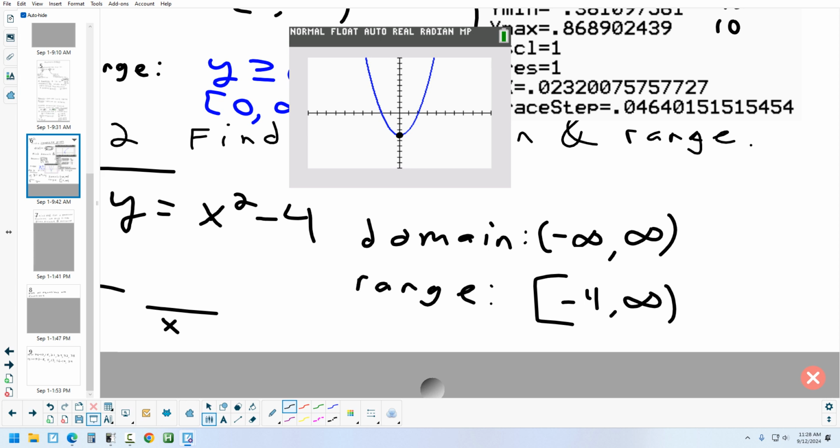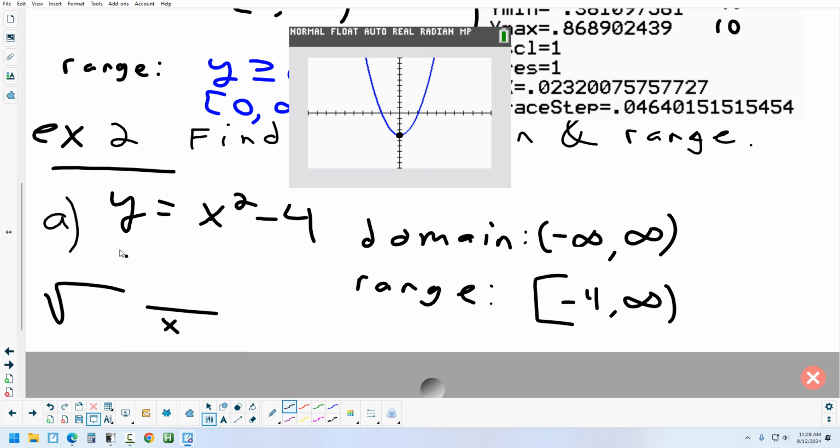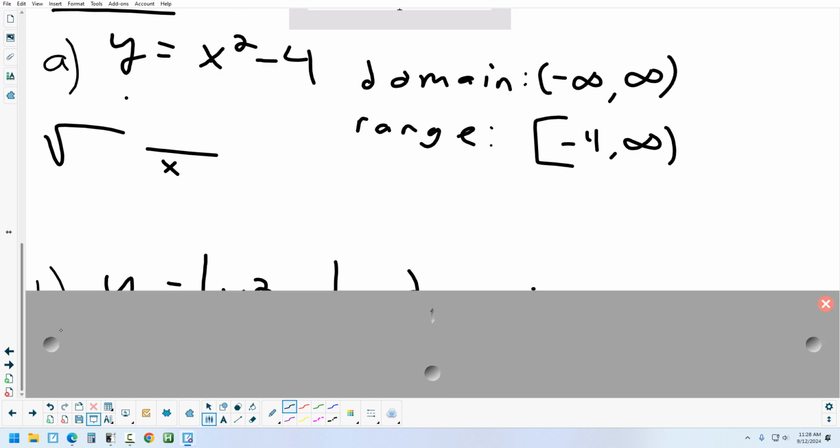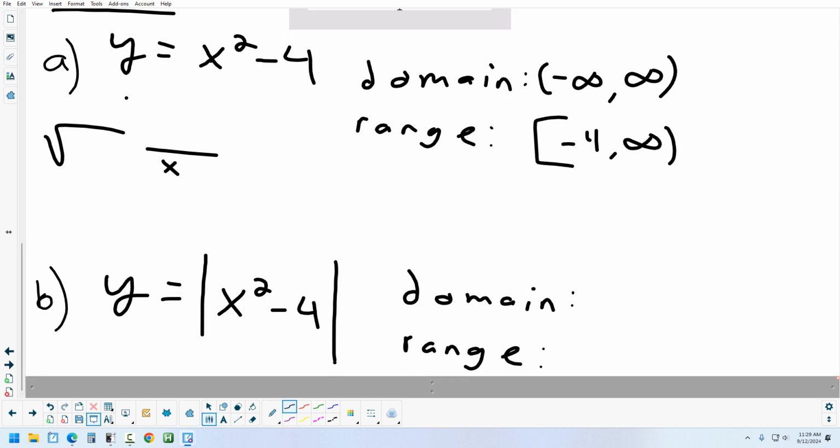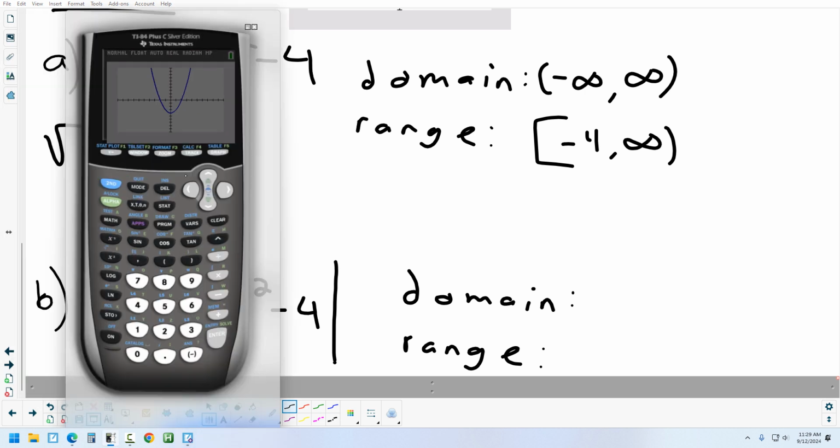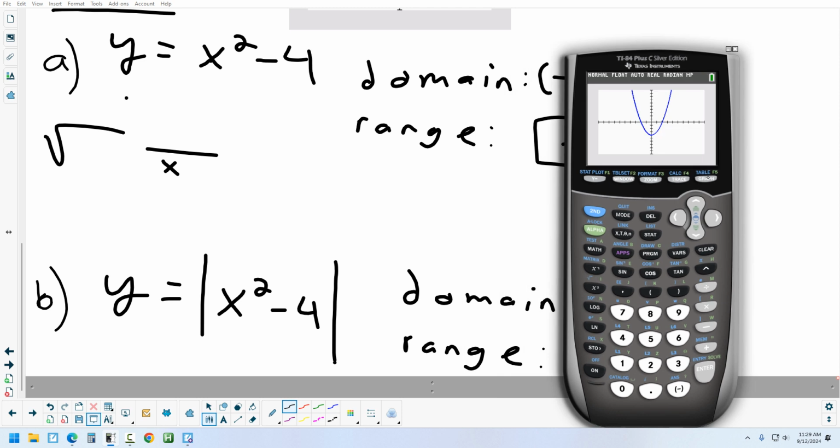Okay. Any question on that one? What's the difference between the problem I'm doing here and the one that I did up above? Yeah? It's the absolute value. And what does absolute value do to something? It makes sure that it's always what? Positive. It's always positive.